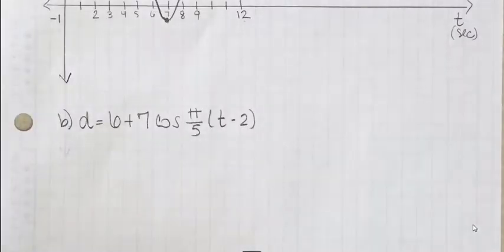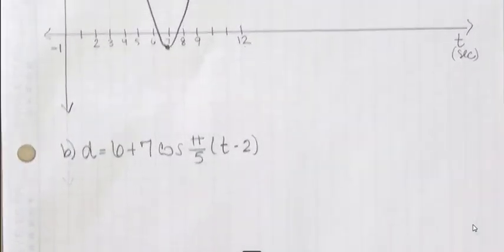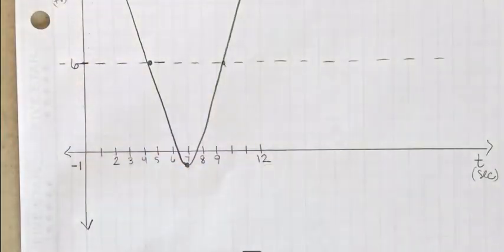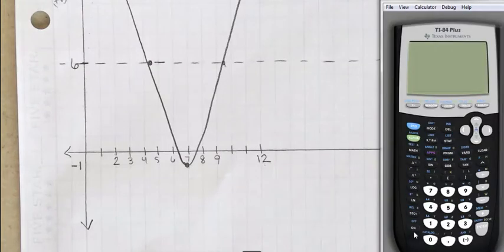So now I'm going to confirm by grapher that this equation, in fact, does look like this graph. So I'm going to have 6 plus 7 cosine of pi over 5.